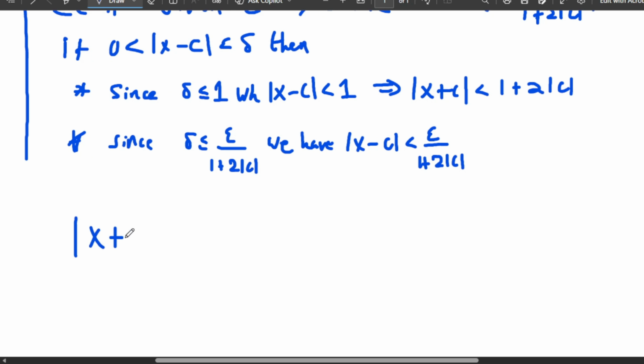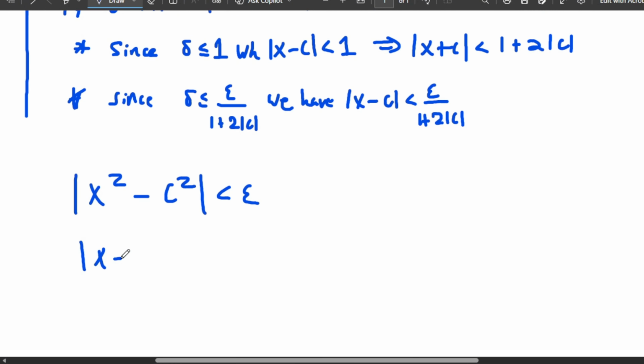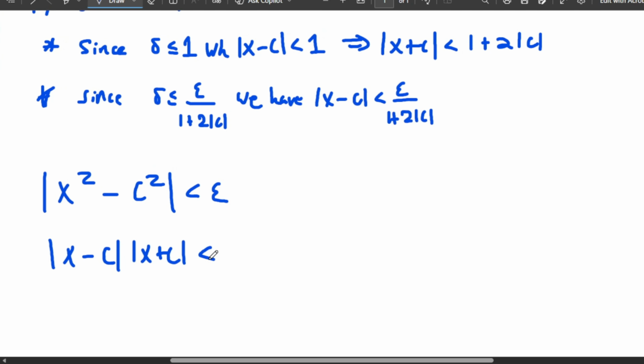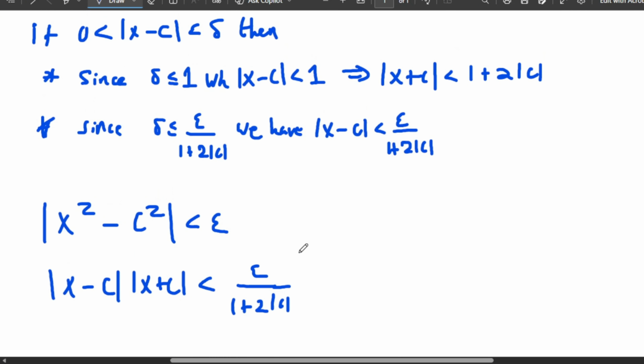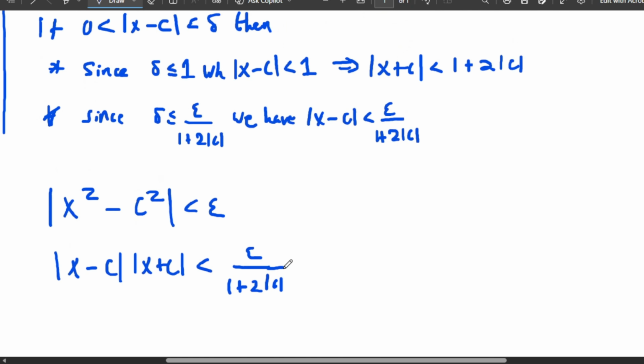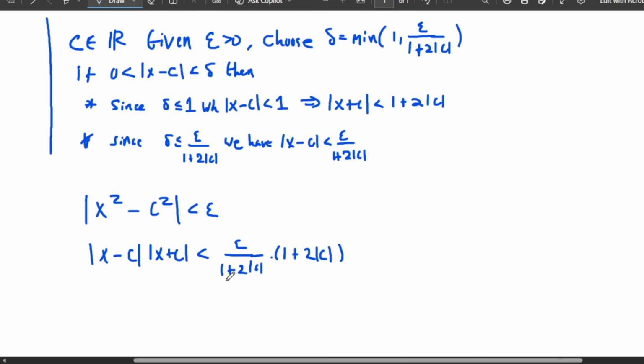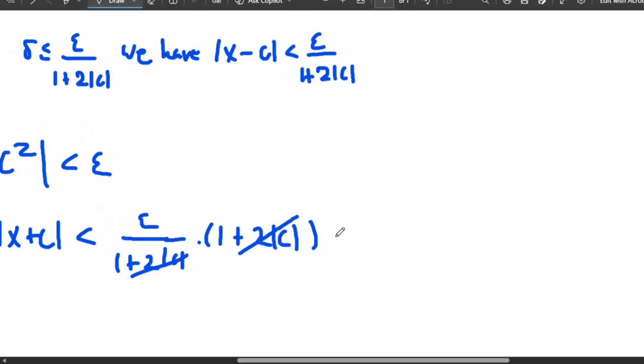So x squared minus C squared equals absolute of x minus C times absolute of x plus C. Substituting the boundaries, x minus C is strictly less than epsilon over 1 plus 2 times absolute of C, and x plus C is strictly less than 1 plus 2 times absolute of C. Well, this cancels out, which leaves us with epsilon.